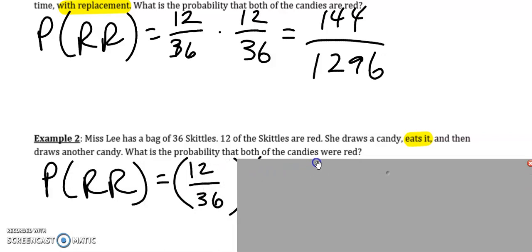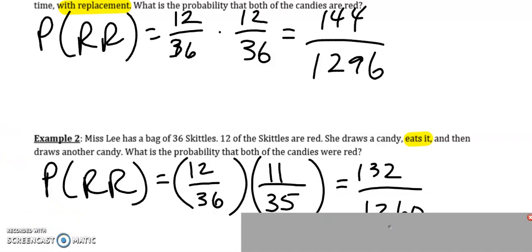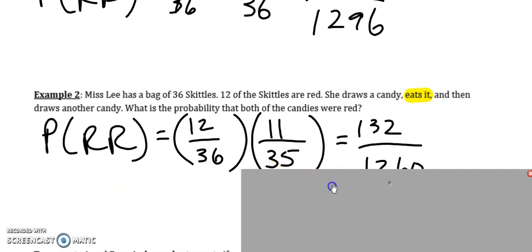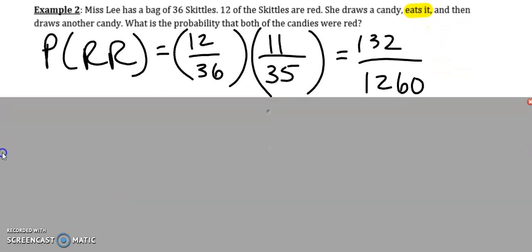For the first time, it's still going to be 12 out of 36. But now, for our next draw, it's going to be 11 over 35, which when we multiply them together, is going to be 132 over 1260. So you understand the difference of probabilities with and without replacement.